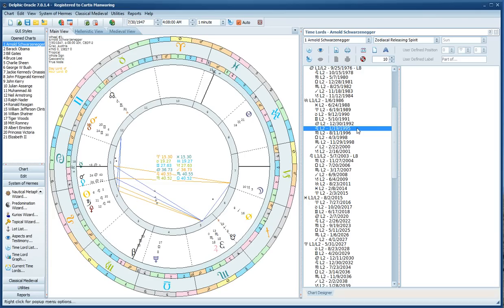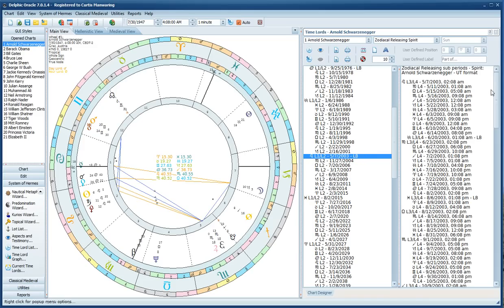I'm not sure what was going on there. But anyway, when he gets to loosing the bond, that's also the encounter of the domicile lord, and it activates the sun. So another highly important period, and that's when he became governor of California.